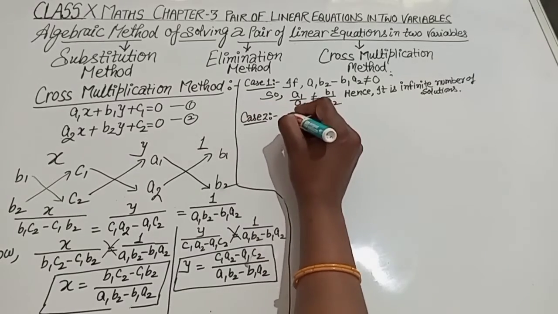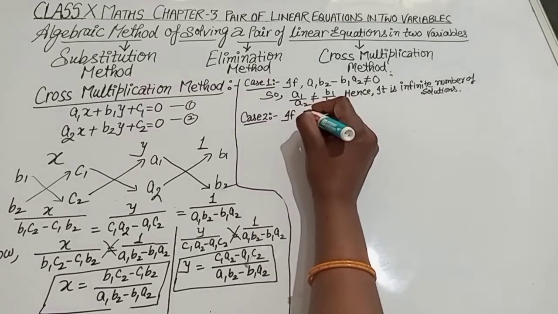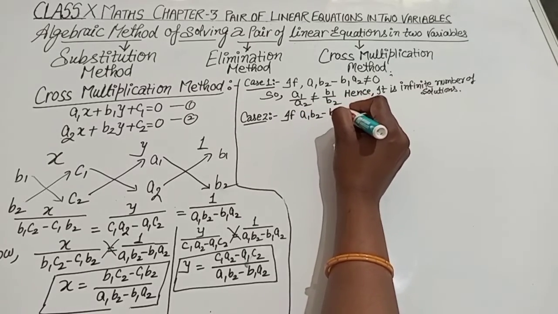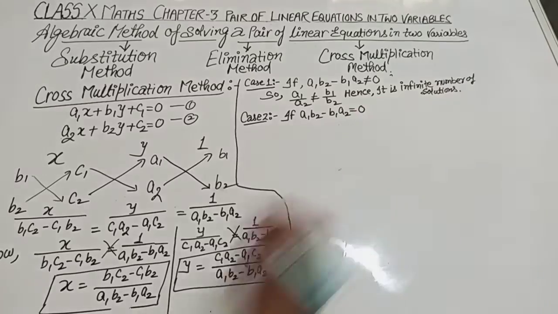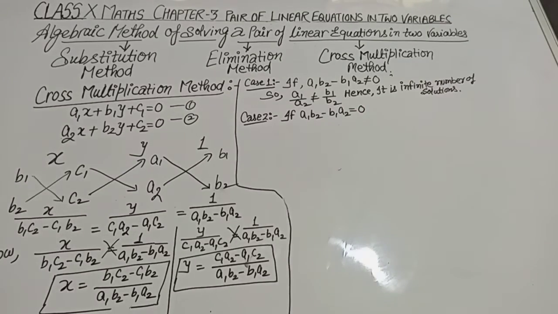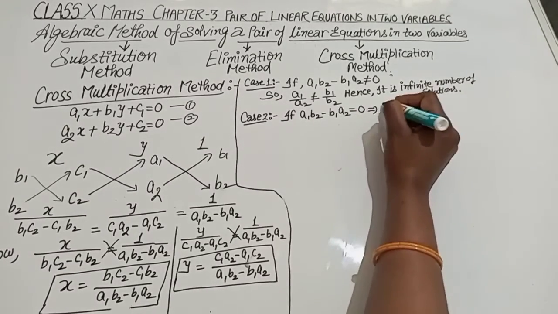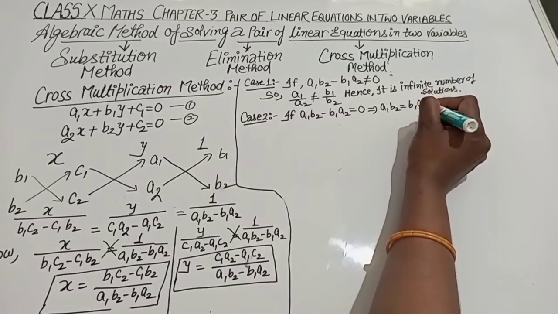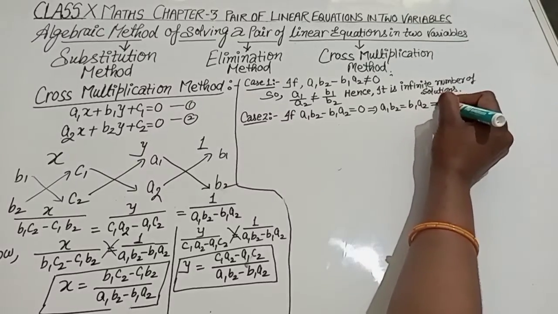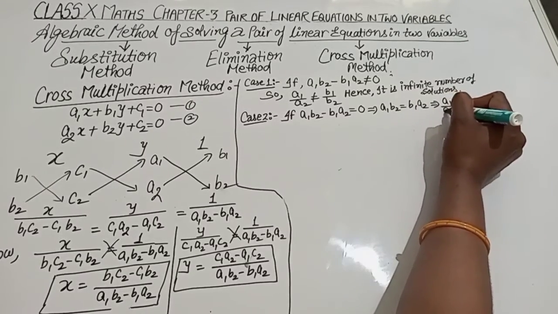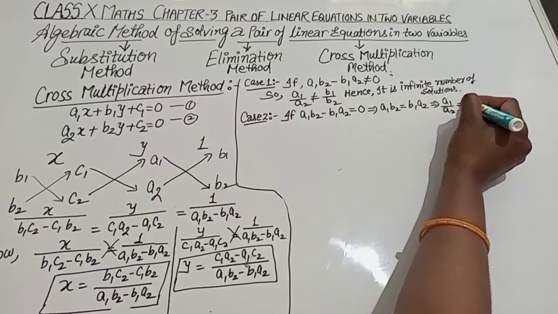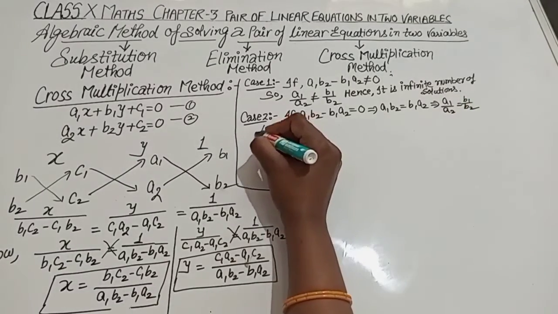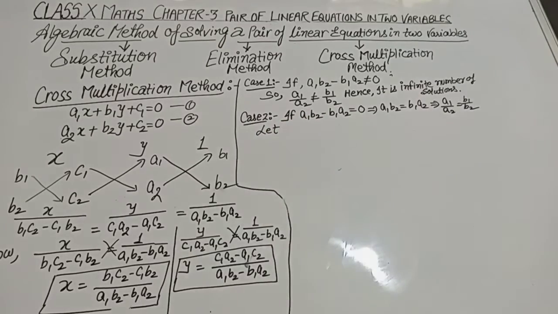Okay, case 2: if a1 b2 minus b1 a2 is equal to 0, then a1 b2 is equal to b1 a2. It means a1 upon a2 is equal to b1 upon b2.